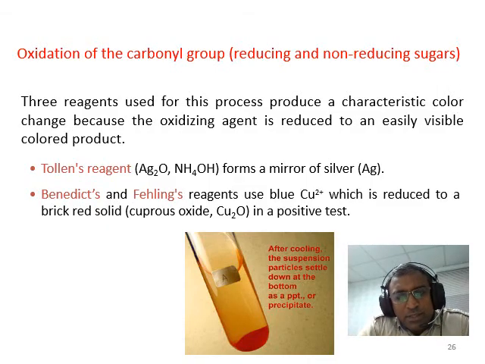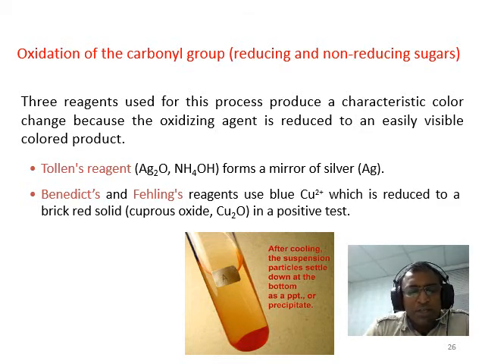And this is to know whether the sugar is a reducing sugar or non-reducing sugar. The reducing sugar has the ability to reduce the indicators given here. Tollens reagent, which has a silver ion, will be reduced to become silver, and there is a silver color for the element argentum.